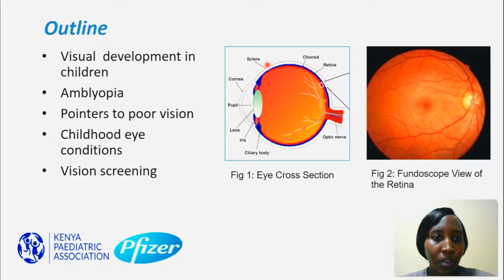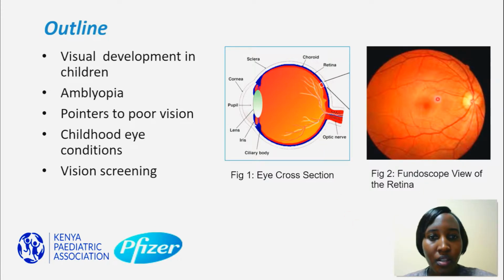On the inside we have the lens, the crystalline lens, and the aperture in front of the crystalline lens is the pupil. The uvea is composed of the iris, ciliary body, and the choroid. The neurosensory part of the eye is the retina, and it has some sensory nerves that continue as the optic nerve up to the brain.